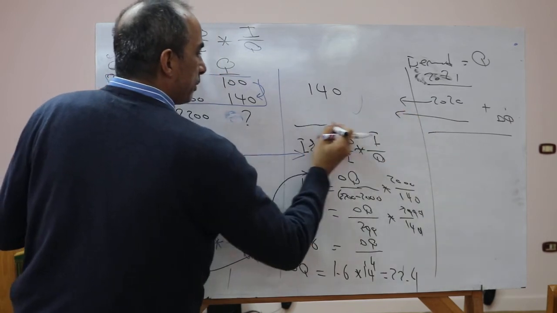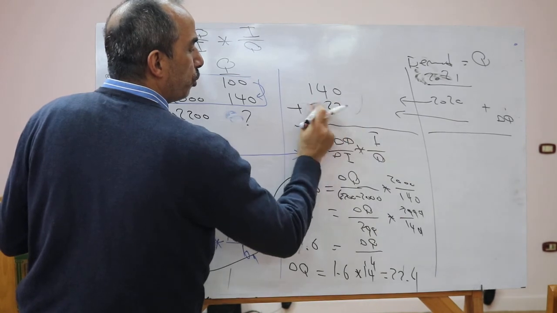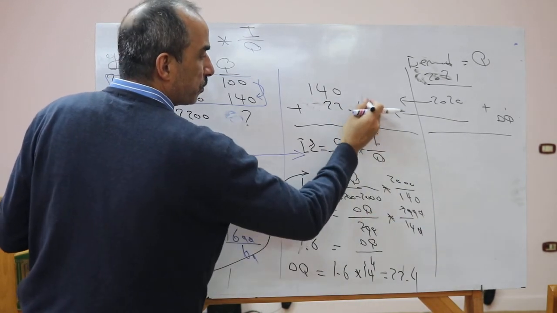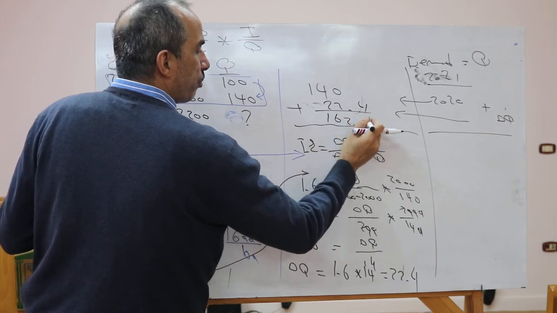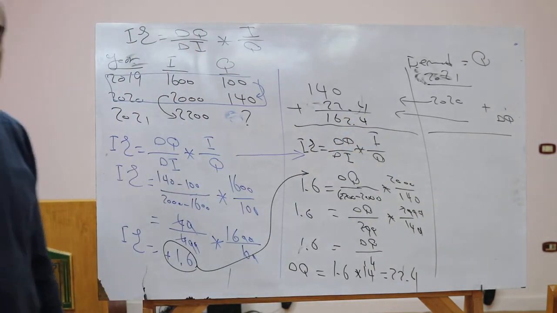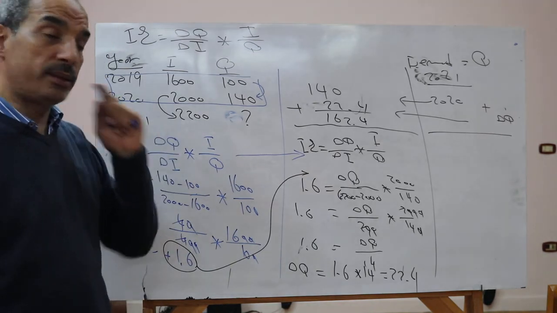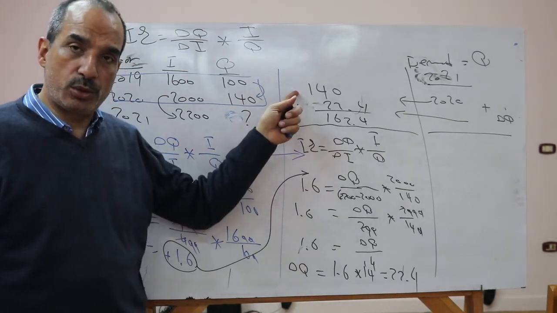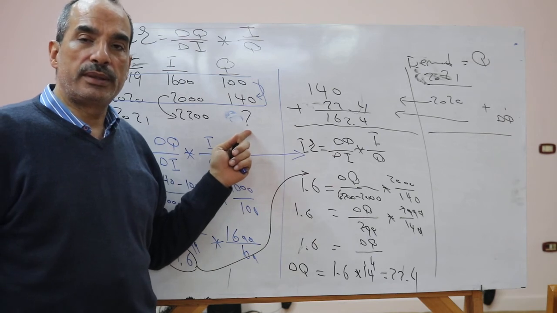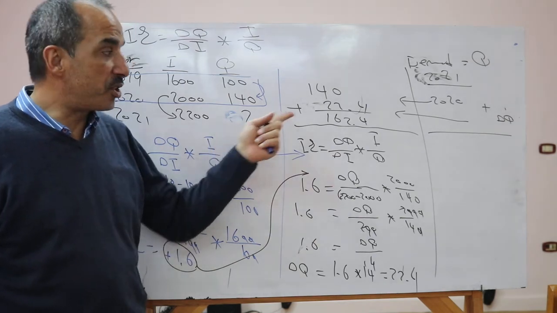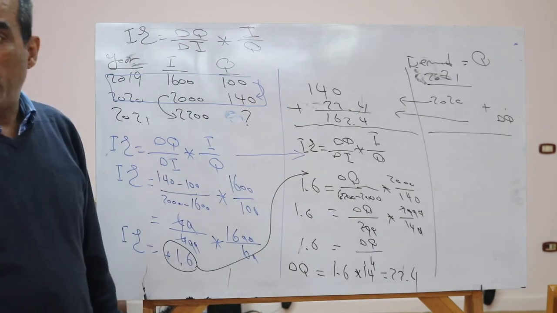Change in quantity equals 22.4, meaning the demand in the future, the demand in 2021, equals the demand in 2020 and the positive change in quantity.